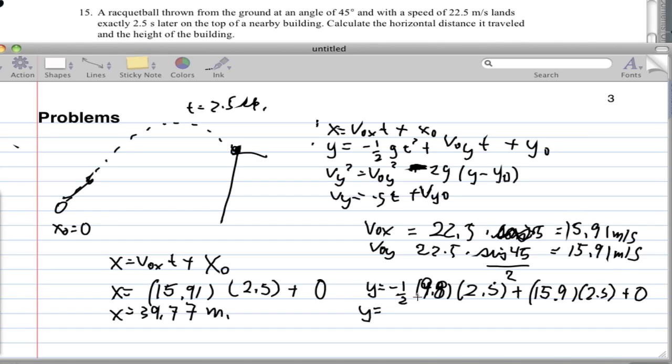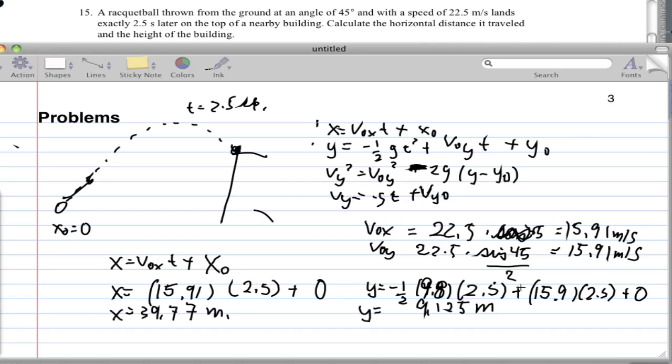So now we can get our height. So negative 4.9, because that's 1/2 times 9.8, times 2.5 squared, plus, and I'm getting 9.125 meters.